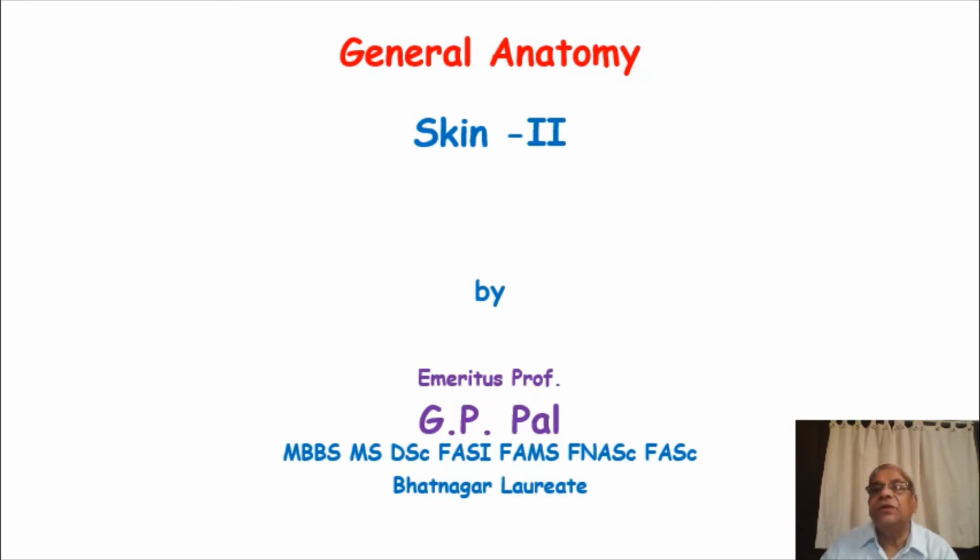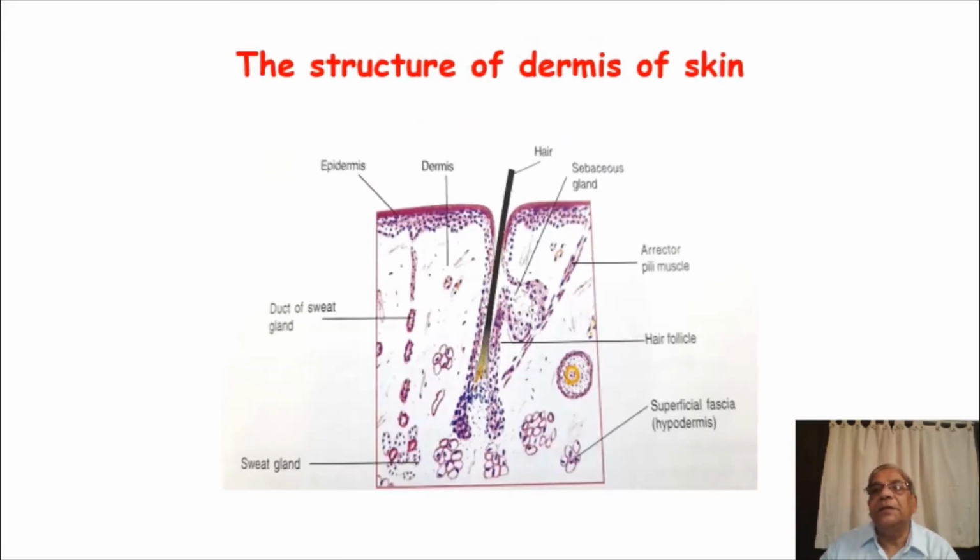Okay, so we go to the next slide for the structure of the dermis of the skin. Here I have put this hand drawn slide just to revise the dermal part of the skin. Here you can see that the skin consists of the epidermis. This is stratified squamous epithelium, and beneath this stratified squamous epithelium, this area is the dermis, which is made up of dense connective tissue, mostly collagen fibers, but there is also the presence of elastic and reticular fibers too, but predominantly it is collagen bundles which are running in the dermis.